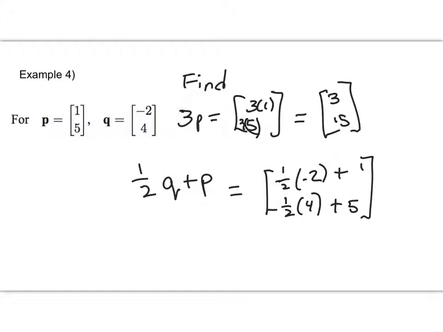And when I do that, 1/2 times -2 ends up being -1, plus 1 gives me 0 for the x component, and 1/2 times 4 is 2, plus 5 is 7. So my resultant vector is 0, 7.